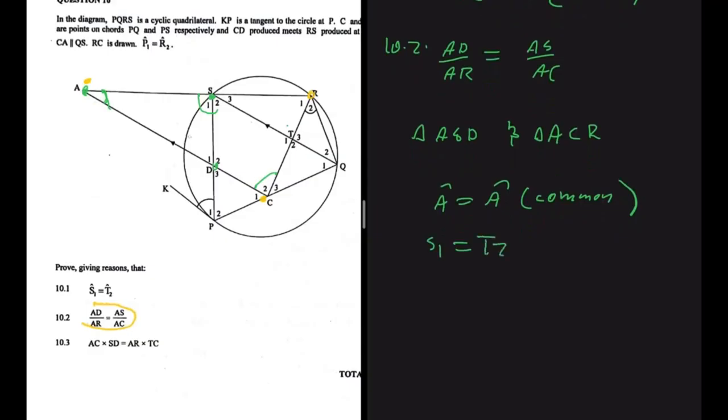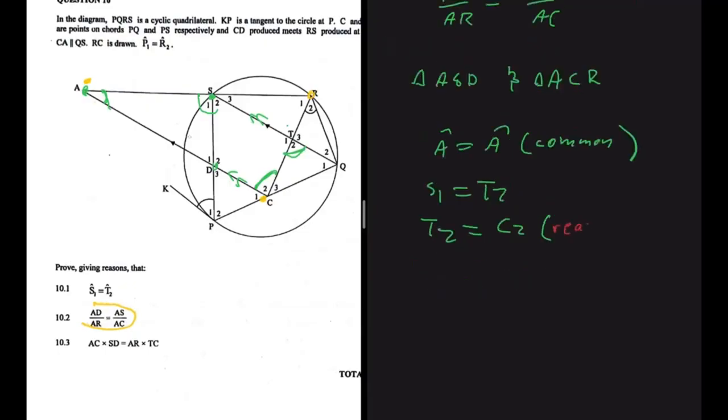But then, since these two lines are parallel to each other, T2 should be equal to C2, because they are, is it called alternating, corresponding? I forgot the name, but it's called something. We know that C2 is equal to T2, and you're going to give that reason there. It's because of the parallel lines for sure, but there's a specific reason why we say those are true.